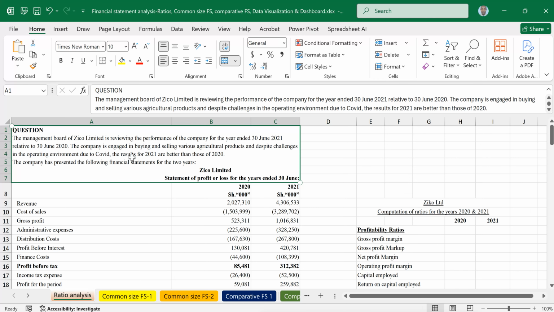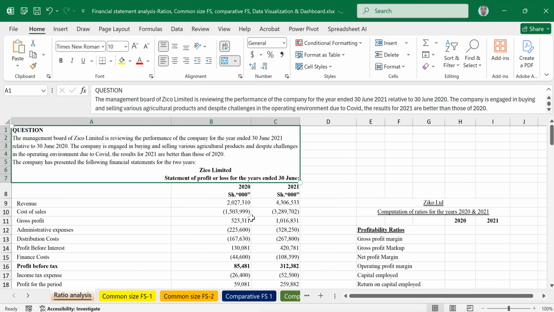The company is engaged in buying and selling various agricultural products, and despite challenges in the operating environment due to COVID, the results of 2021 are better than those of 2020. The company has presented the following financial statements for the 2 years.